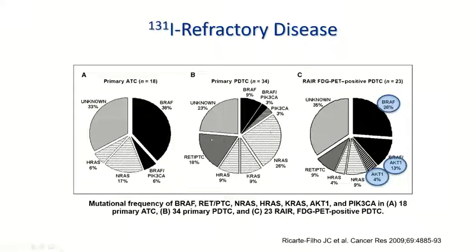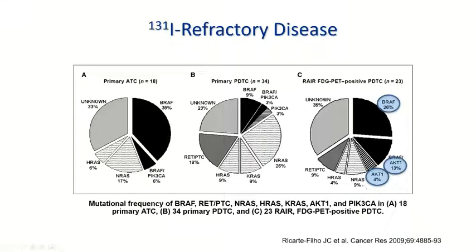And if you look at the comparison between the two groups, you'll see that the RAI refractory tumors are enriched in BRAF mutation and the combination of BRAF with AKT. This is one of the late hits.